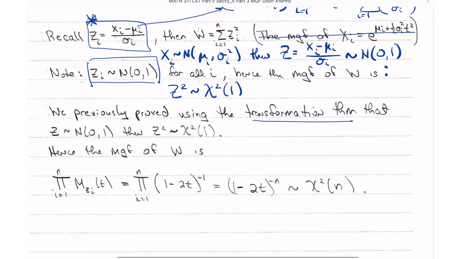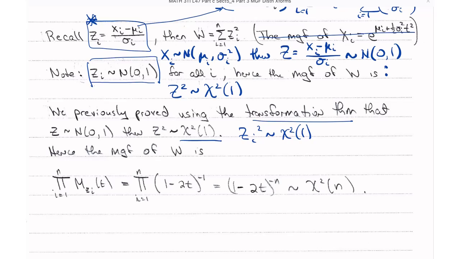So the MGF is the MGF of a chi-squared distribution, of any zi here. So any zi squared has a chi-squared distribution with 1 degree of freedom.